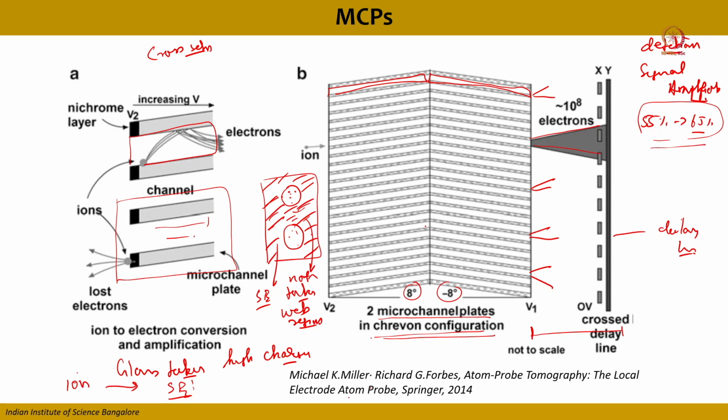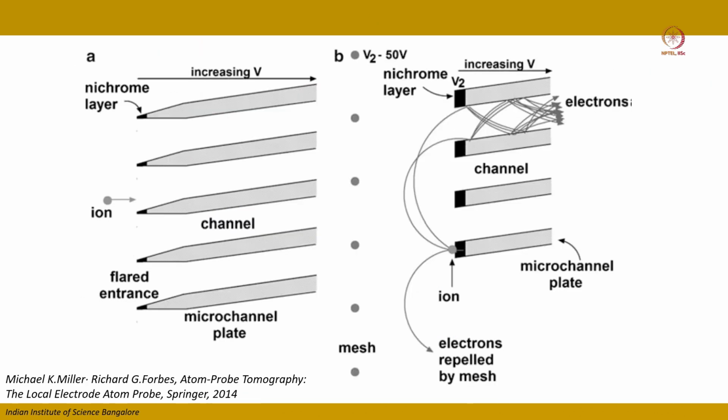But to improve the efficiency or the gain of the MCP, what can be done is that the design of these glass tubes can be made as a flared entrance, what we see on the left side of the image, due to which it decreases the inter-channel region.